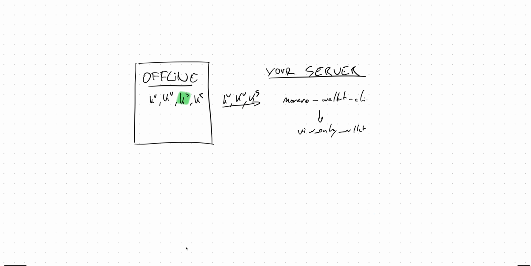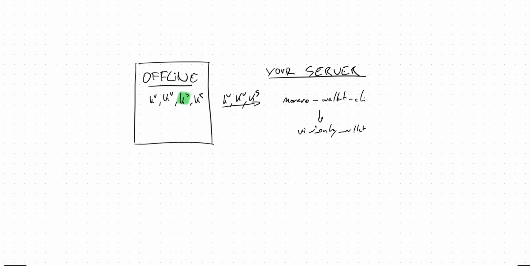You created your well-known keys, your private keys and your public keys, and of course you will send only the private view key and the public keys to the server, so your spend key remains safe on your hardware wallet wherever. What you will do on your server is import the private view key with a command line tool, Monero Wallet CLI, and create a view-only wallet.